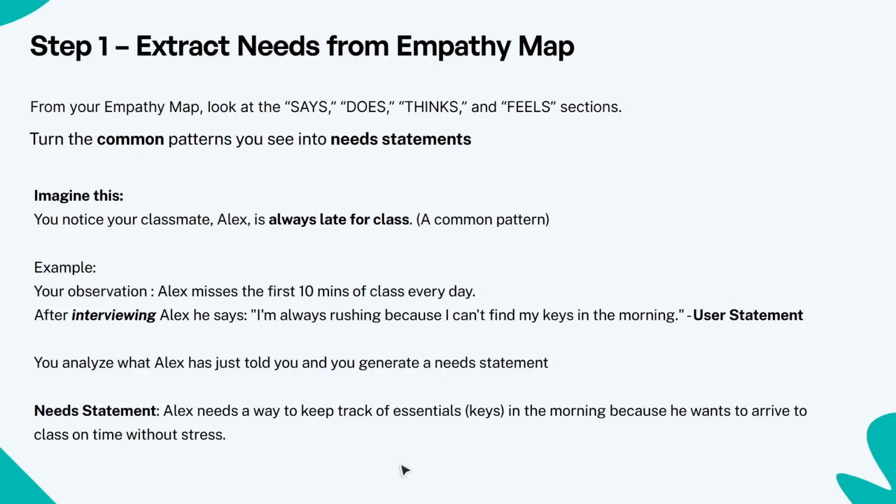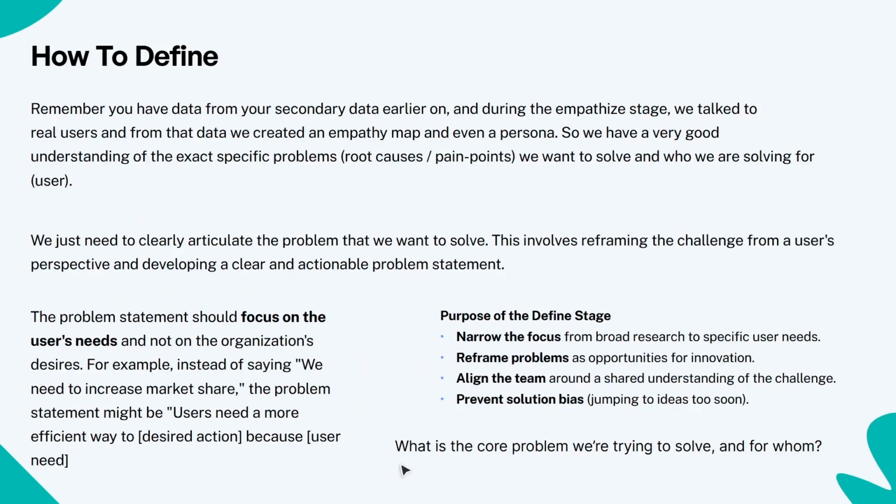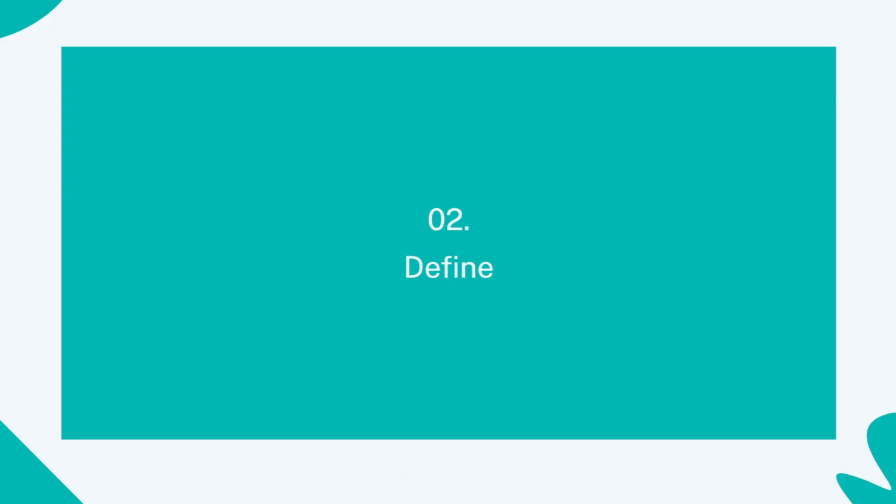All right. So you have done that. So it's time to do what we call defining. And this is a very critical step because now this is the step that combines, that links research and actual ideas, right? It's called define.